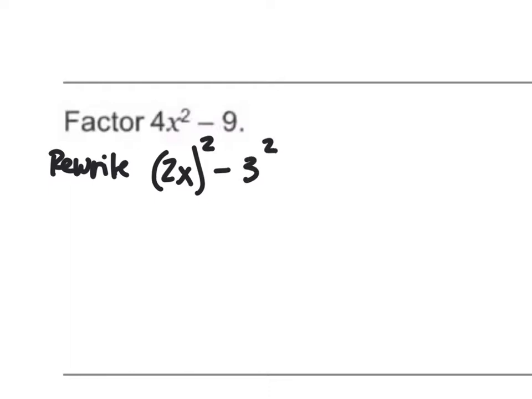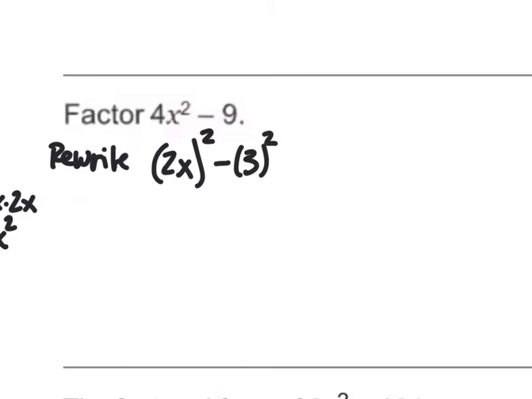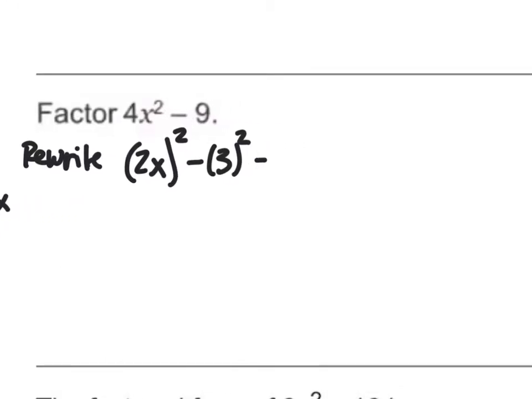What I want you to see here is that you have a quantity squared minus another quantity squared. If I have 2x quantity squared, all I'm really doing is taking 2x times 2x, which gives me 4x squared. So I can rewrite this as 2x squared, and if I recognize that, then I just factor it as 2x plus 3 times 2x minus 3.